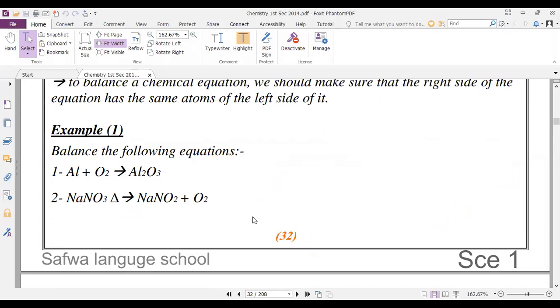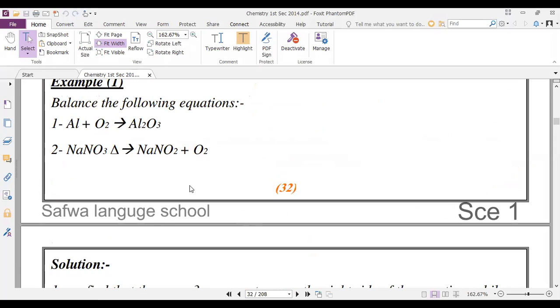How can we make balance for the second equation? 2NaNO3 equal NaNO2 plus O2. How? By the same way, okay?